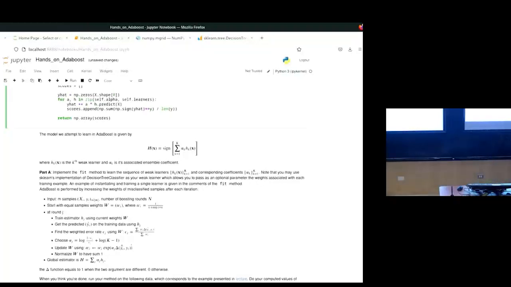Well, alpha j is always greater than 0, so exponential alpha j is always going to be greater than 1, okay? You can prove that this quantity is greater than 1 when the error is lower than 50%, right? If it's lower than 50%, you can show that alpha j is greater than 0. So the log of some value that's greater than 1 is going to be greater than 0. So exponential of a value greater than 0 is going to be greater than 1. So w is going to grow a lot.